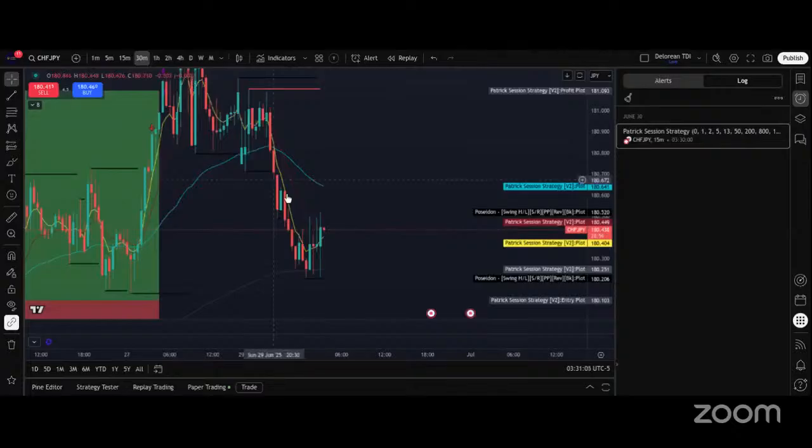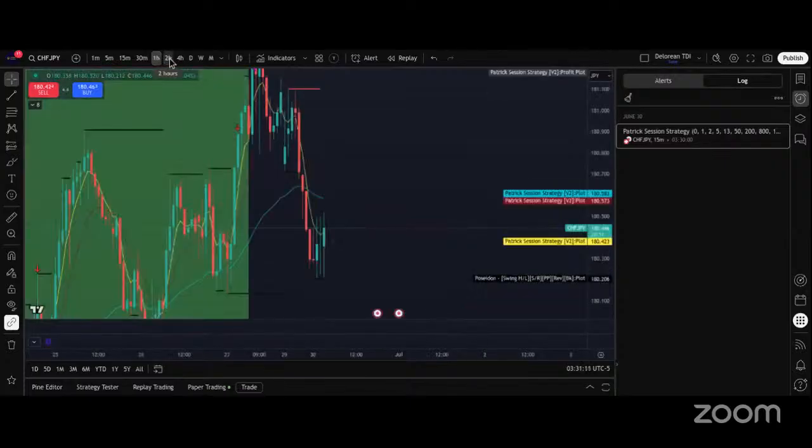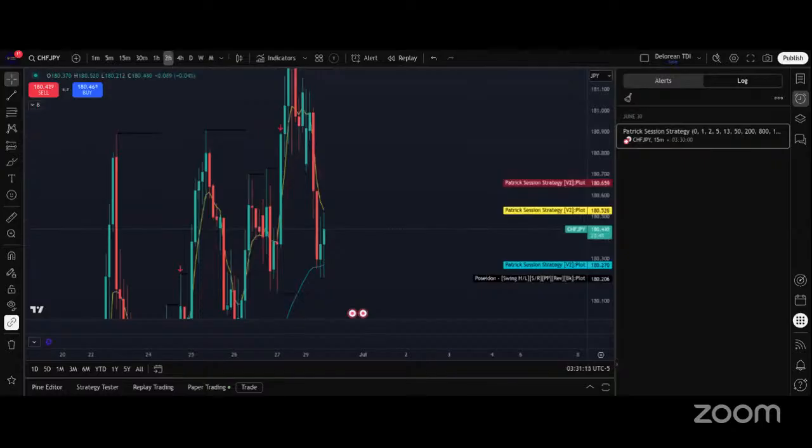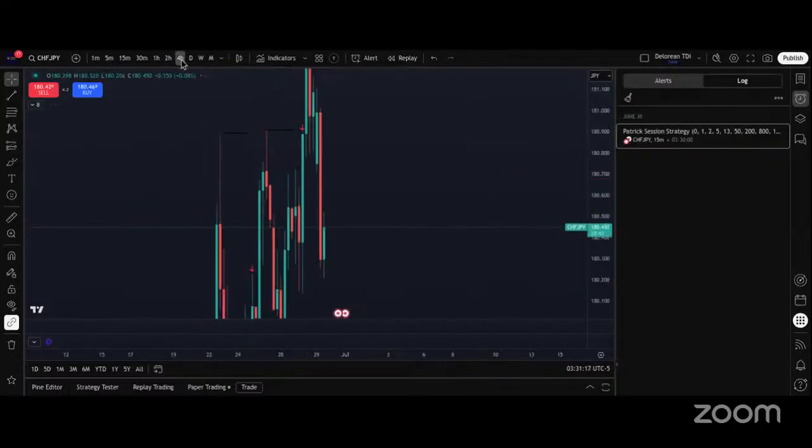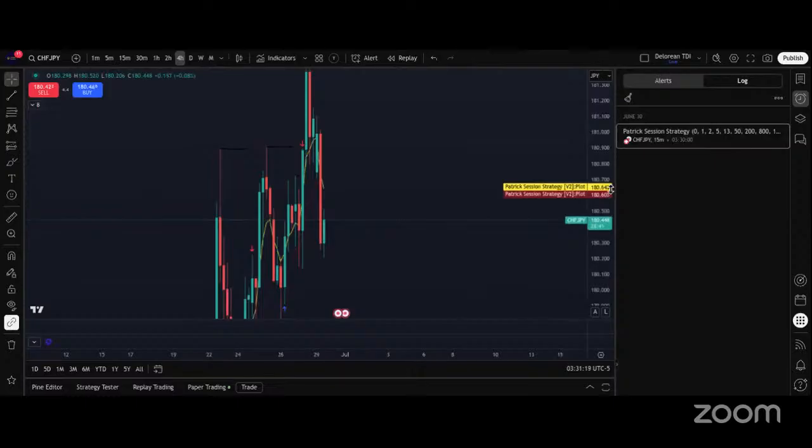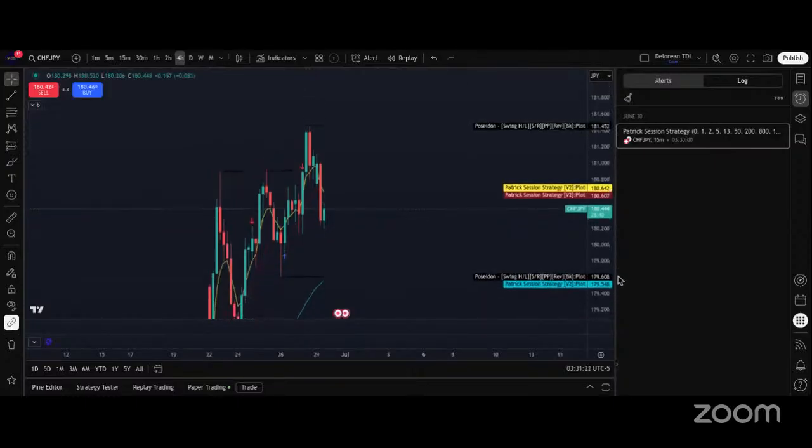It's been dropping for quite some time. Yeah, there's a lot of downside. This could drop all the way down to 179.548. So definitely not a buy at this point.